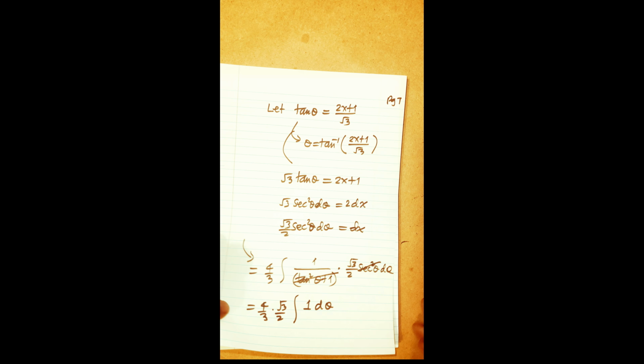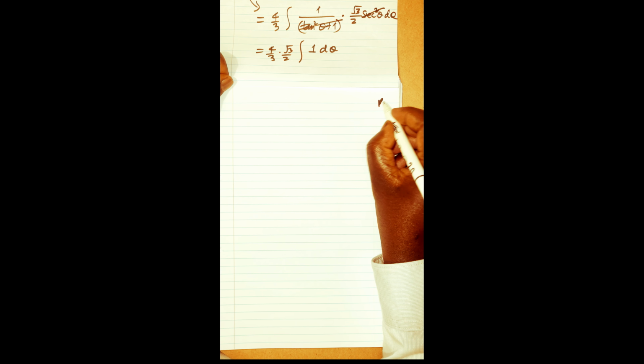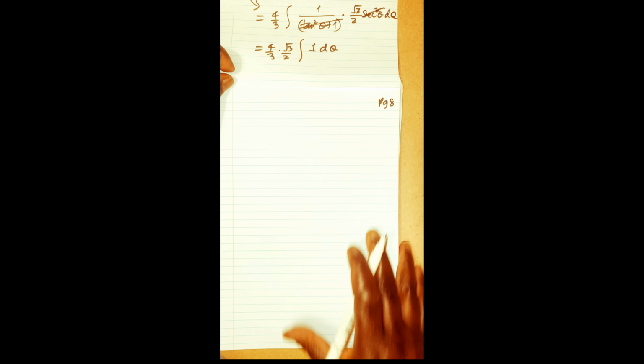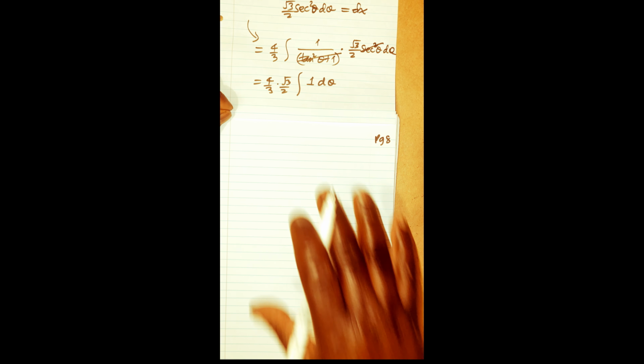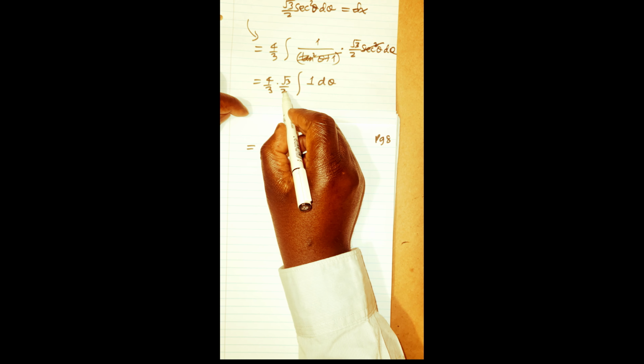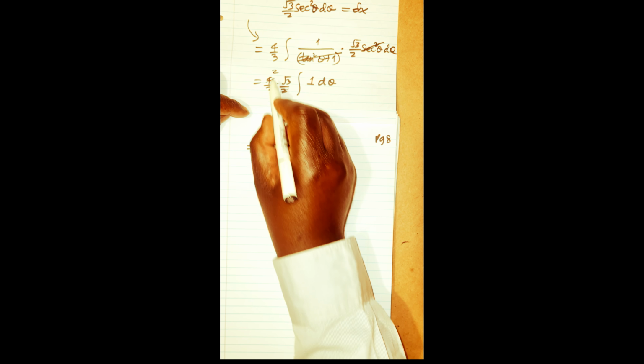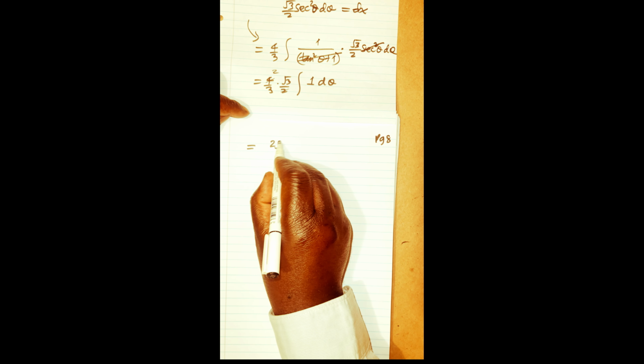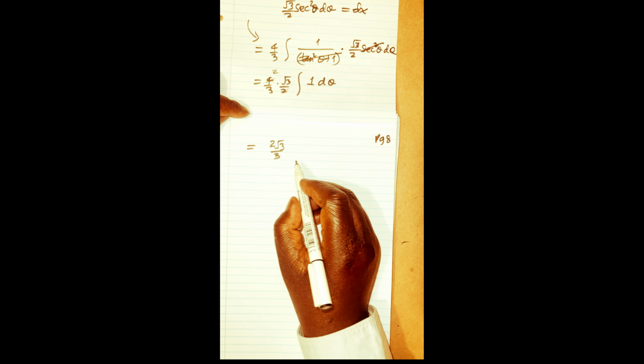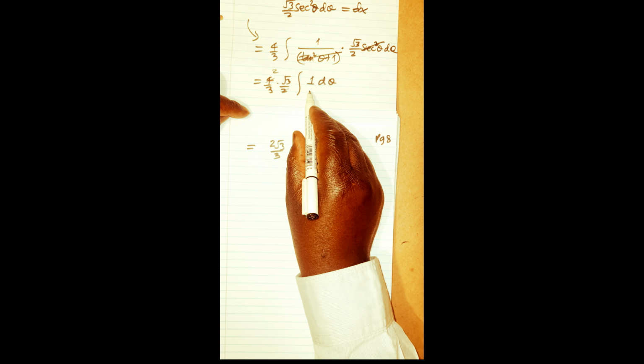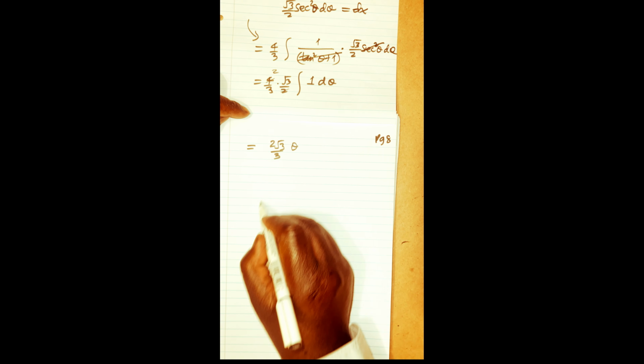Simplifying this outside here, taking us to page 8. Now simplifying that, what do we get? You agree with me? This goes there 2 times. So we have 2 root 3 over 3 times integral of 1 d theta, which is just theta.